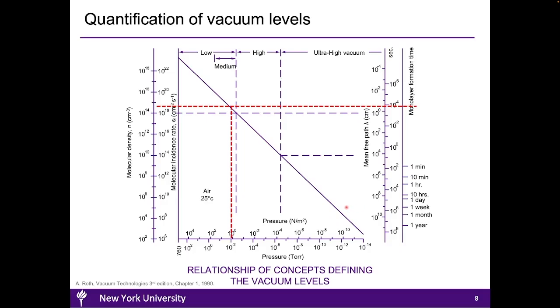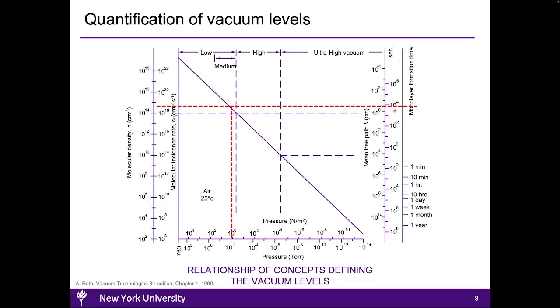At a low vacuum of about 10 millitorr, the molecular density is in the range of 10 to the power 15 molecules per centimeter cubed. This is a very large density. As a result, it increases the likelihood of collisions between the molecules, resulting in a low mean free path of about 1 centimeter.